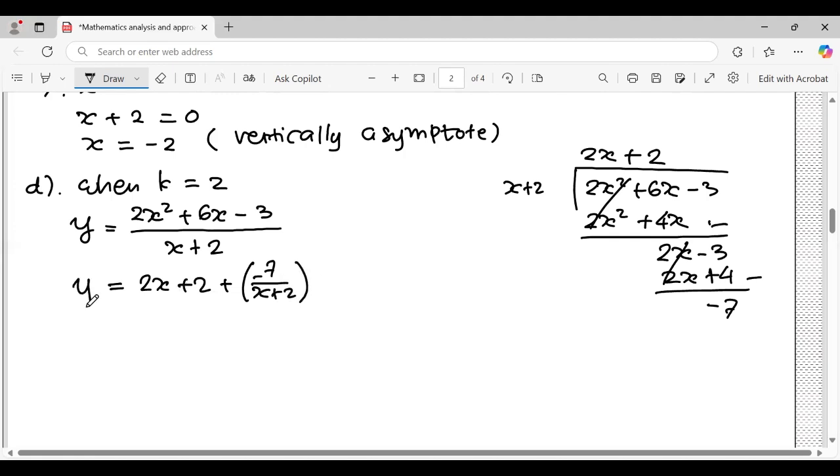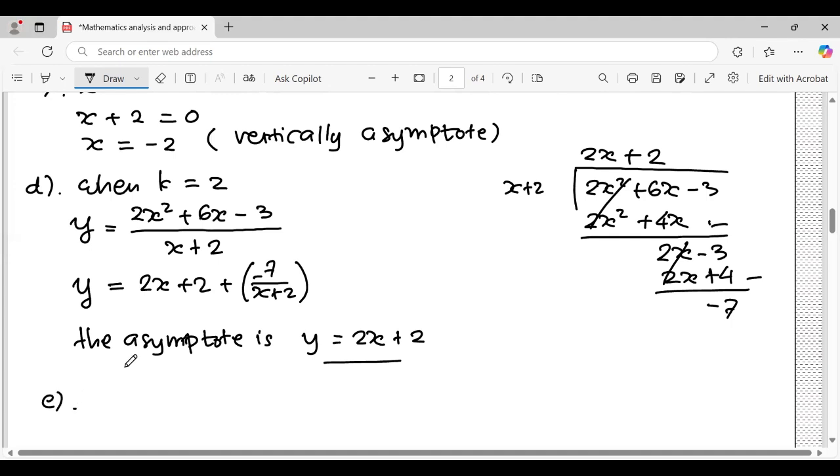So this is y, after we divide this expression. So the oblique asymptote is y equals 2x plus 2. And so this is the asymptote of this function.